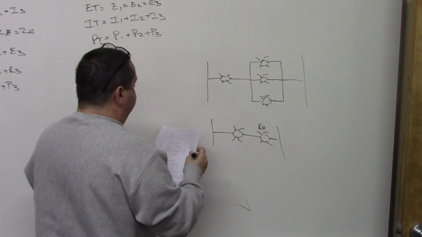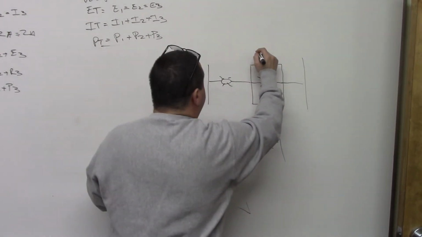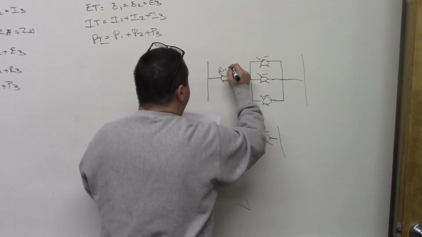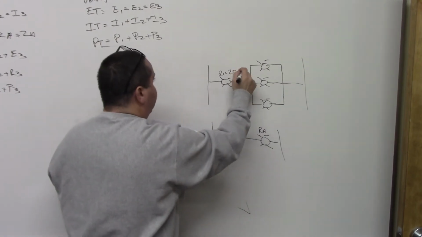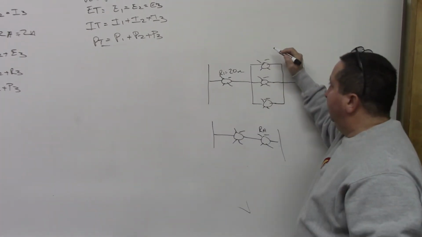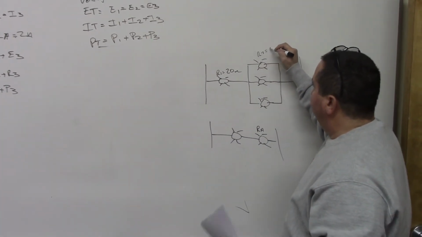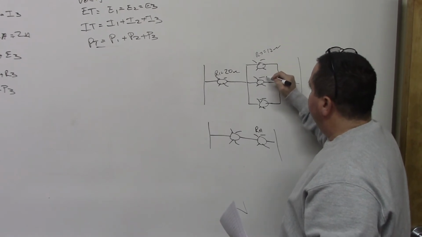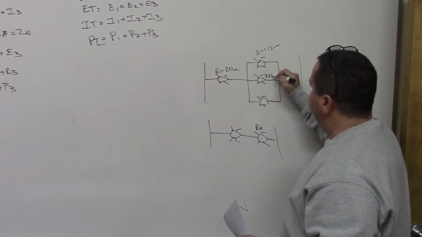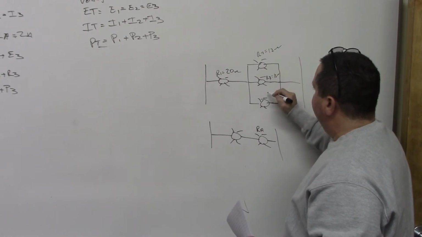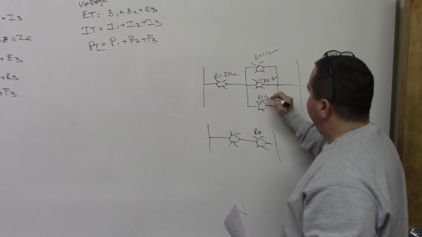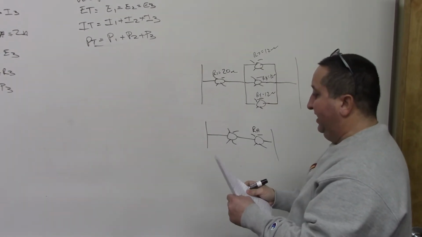So we're going to plug in numbers, okay? This is R1, which is 20 ohms. R2, which is 12 ohms, R3, which is 12 ohms, and R4, which is 12 ohms. Okay, that's given.